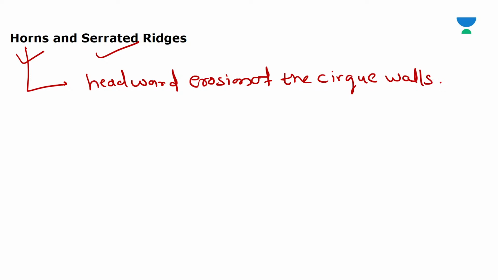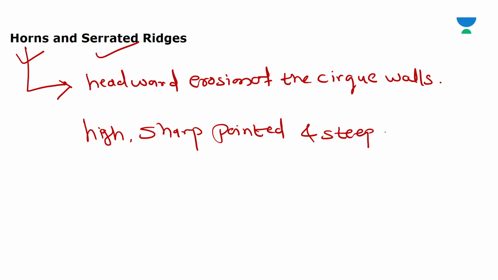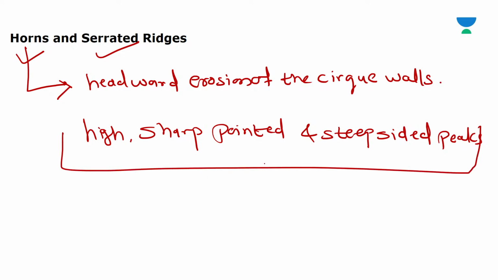If three or more radiating glaciers cut headward until their cirques meet, high, sharp, pointed and steep-sided peaks called horns form.